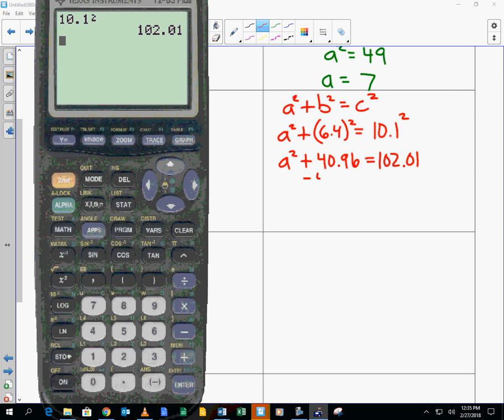Blake said, let's subtract the 40.96. Very good. I'm going to subtract that 40.96, and I get A squared is equal to 102.01 minus 40.96. And I get 61.05. Is that my answer?